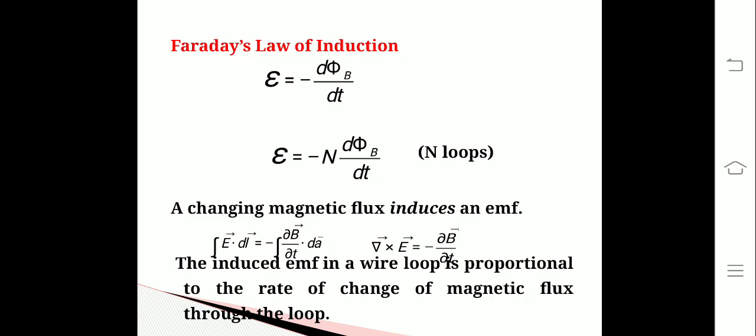This is the equation for one loop. Epsilon equal to minus N d phi B by dt is the equation for N loops. So the induced EMF in a wire loop is proportional to the rate of change of magnetic flux through the loop.